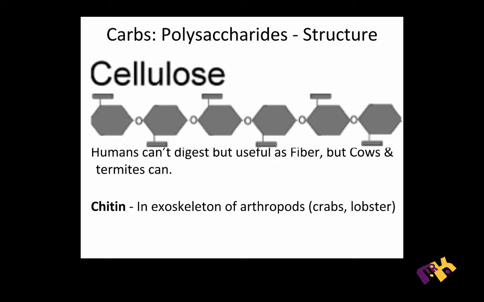Termites have bacteria in them that allow them to biochemically break this molecule back apart. If you watched, I think the notes on Bozeman mentioned that if you were to try to eat a chunk of wood, it would be passed back out as a chunk of wood. You're not going to be able to break that piece down.